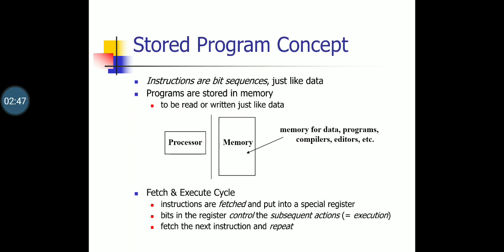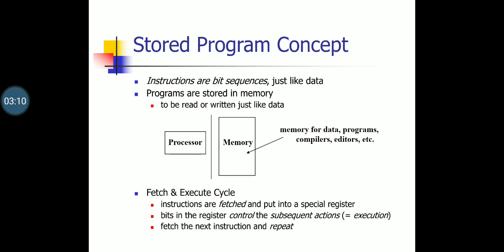Next comes the stored program concept. What is the need for this concept? Instructions are bit sequences just like data. Programs are often stored in memory, to be read or written just like data. There are two things, one is the processor and another one is the memory.